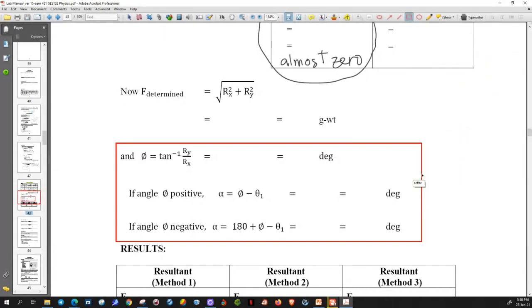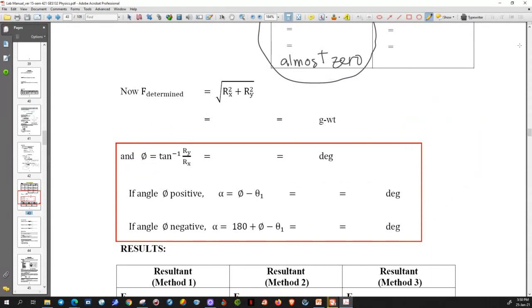First, before you find the alpha, you must find what we call the phi, okay? This symbol is theta, Greek letter. This symbol, if the line is vertical or diagonal, is called phi. Okay? They are different. They're not the same. So first, you must find the value of phi.